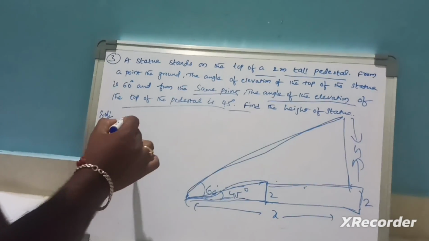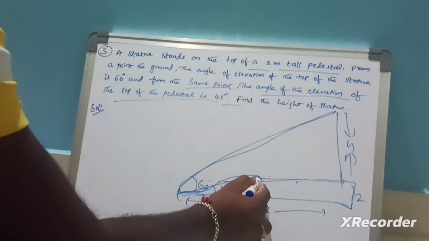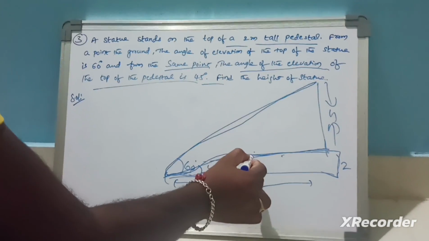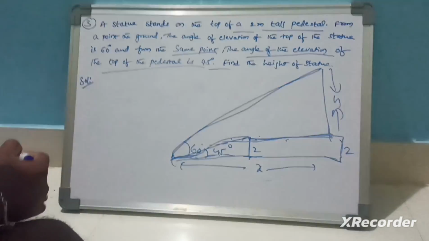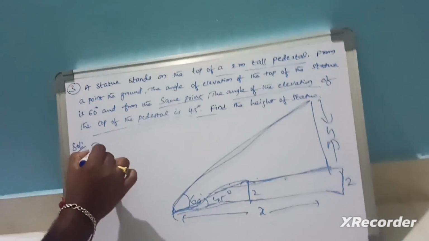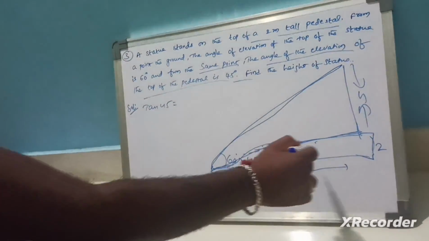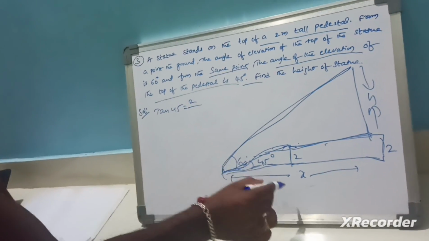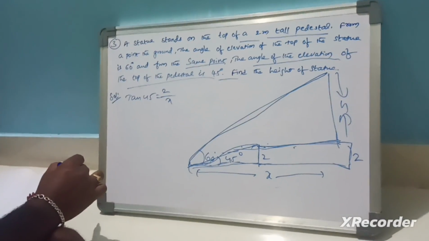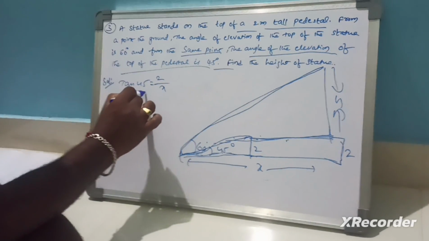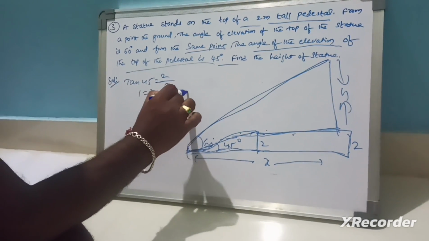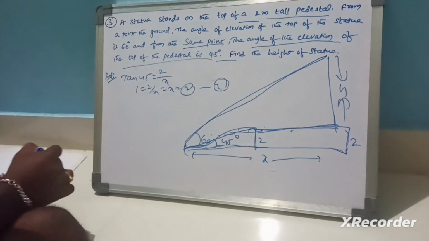Now tan 45 is opposite side by base, which is 1 equal to 2 by x, and x equals 2. Let's take this equation.